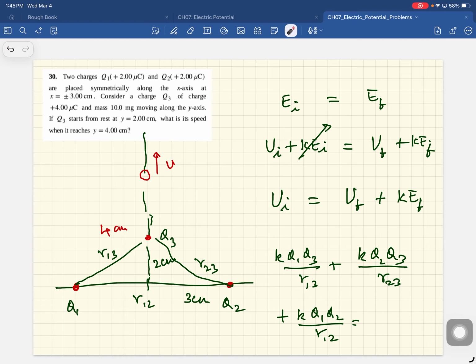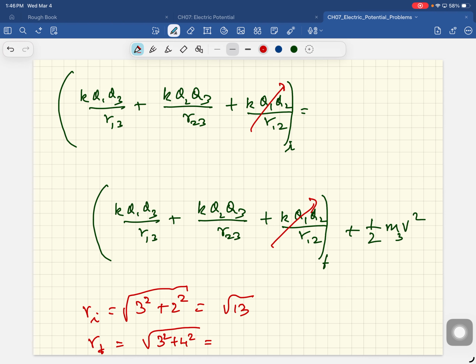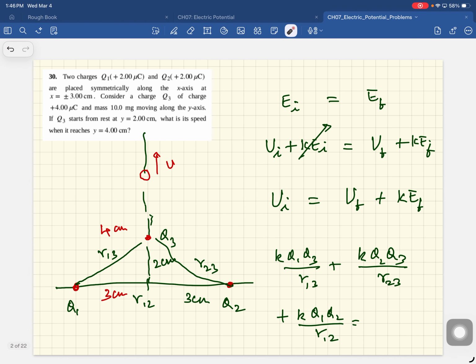Then that becomes 10 to the plus 3. And 10 to the plus 5.